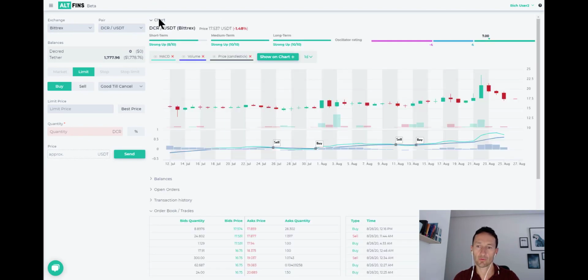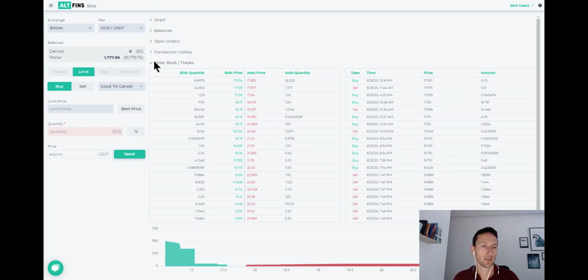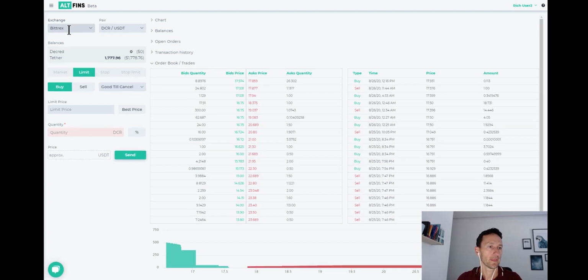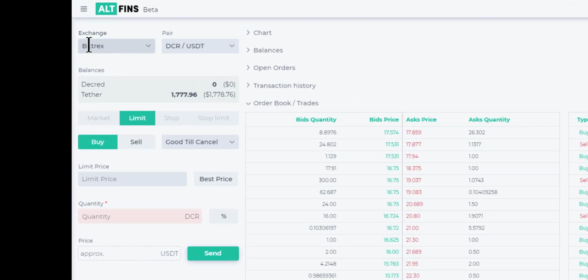I can check the chart one more time. Let's see, the spread is okay, not great. My order entry form is already pre-filled with the exchange and the pair. And I can see that on Bittrex I still have about $1,800 worth of tether that I can trade with, and currently 0 Decred.